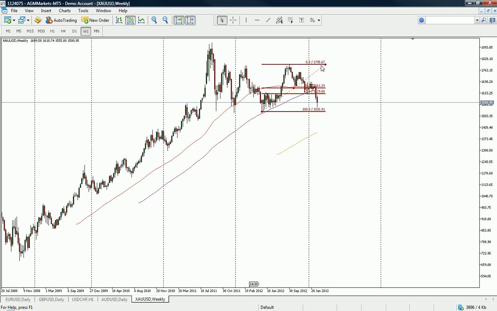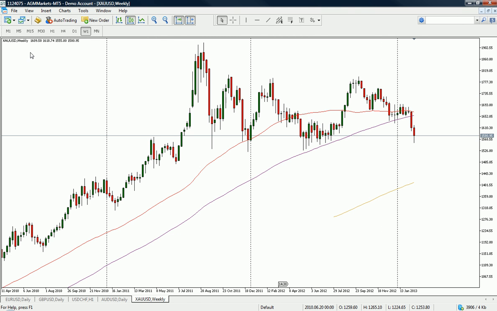Also, actually, if you flick it to the weekly, we'll just zoom in a bit here. You can see there's a big support level here at around the 1566. You can see it acts as multiple supports there, especially in 2012. We've spoken about it many times on the video, multiple spikes below this 1566, and then it's closed above.